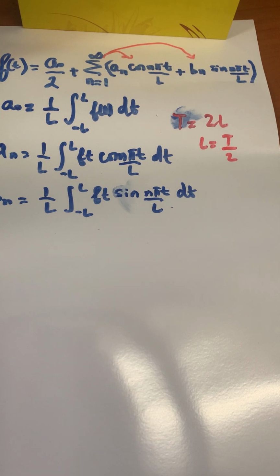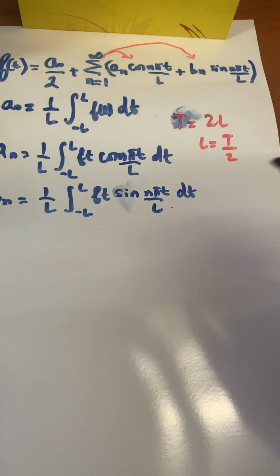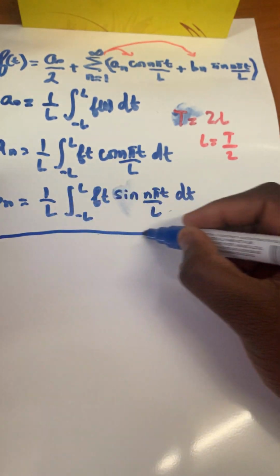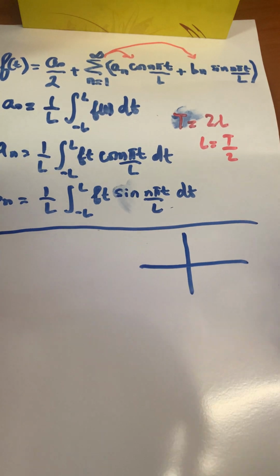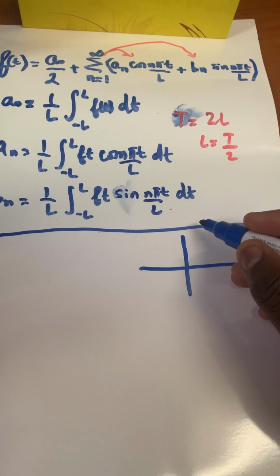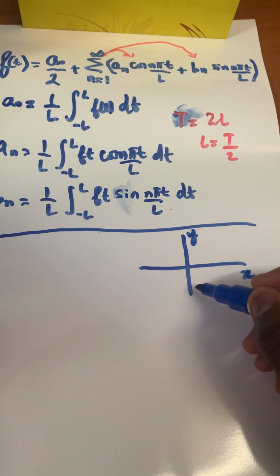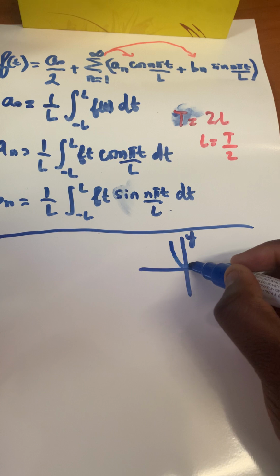But now we have a special case, and this special case is called even and odd functions. When we talk about even functions, we're going to do it graphically. This is your y, this is your x. An even function is a function which is symmetrical about the y-axis.